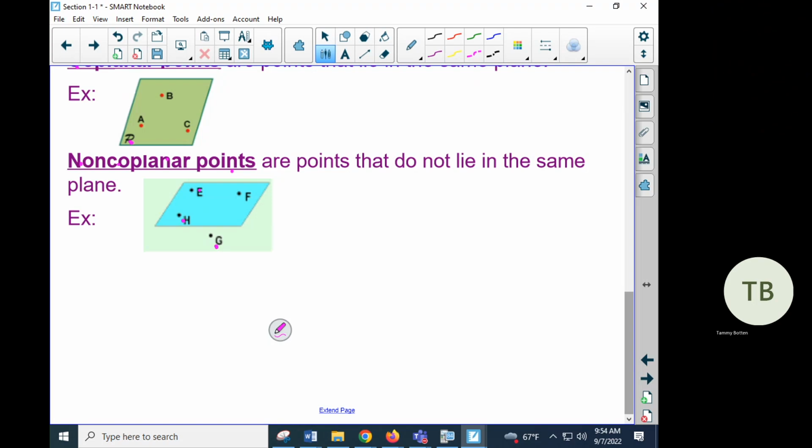Does that make sense? Another thing I should say too, if I was naming this here, I could name that blue plane as plane EFH, HFE, any of those, okay? G isn't in that plane, so I can't name it with that. This one up here, I could also name as plane P.